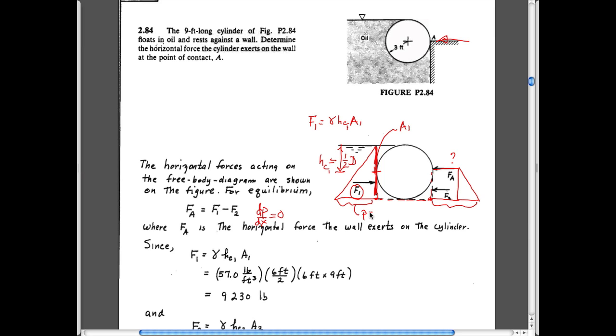So this P is going to be equal to the diameter times the unit weight, and the pressure here has to be equal to the diameter multiplied by the unit weight, right? And so when you're calculating the fluid pressure that would be applied here, the centroid that you'd want to use would be this.